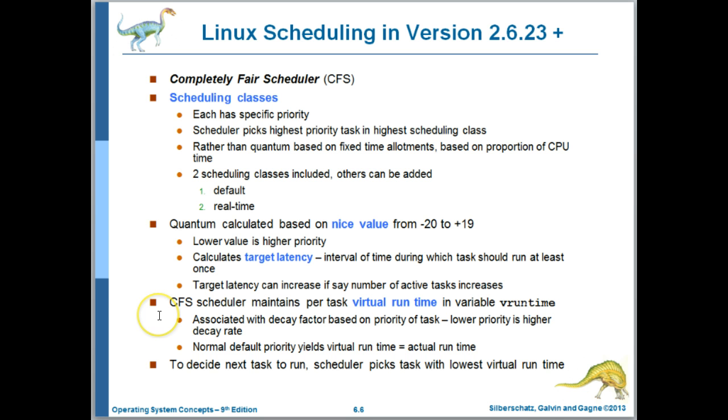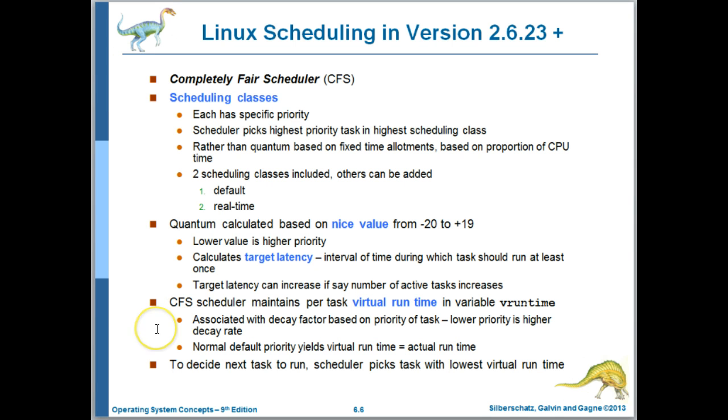This notion of virtual runtime is how the processes are prioritized, with the notion that every task of the n tasks should get 1 over n of the CPU cycles. The scheduler tracks how much virtual runtime each process has gotten, and the process with the lowest virtual runtime will have the highest priority.